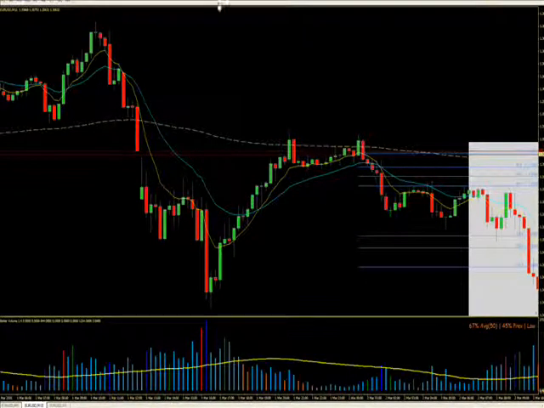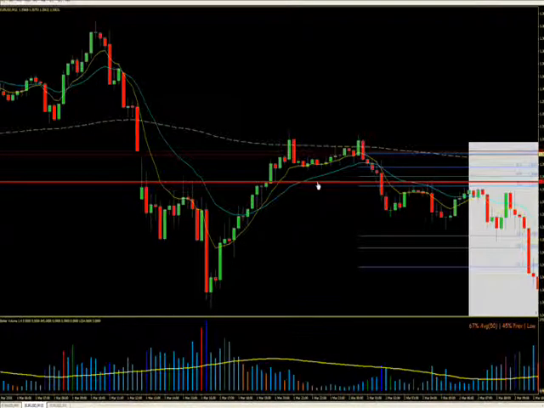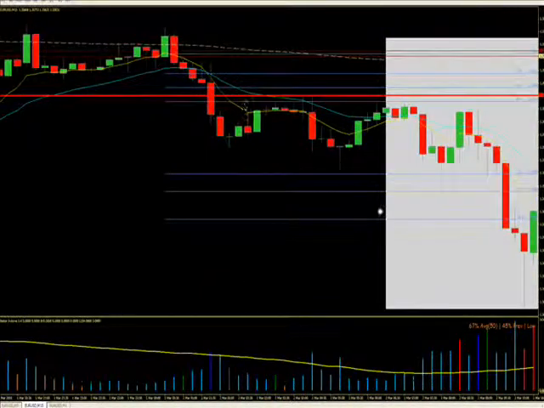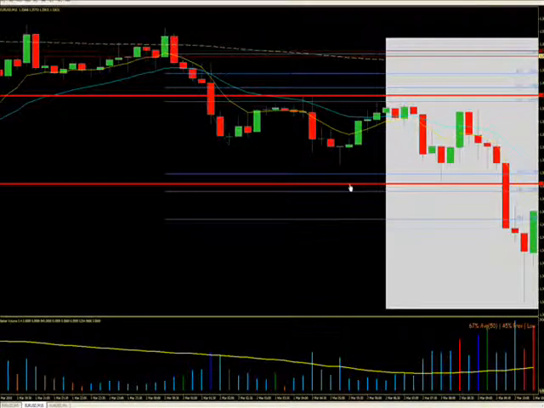Now, when we look at both charts together, make this smaller, apologize. Here are my fib targets down here, and again you'll see them here.